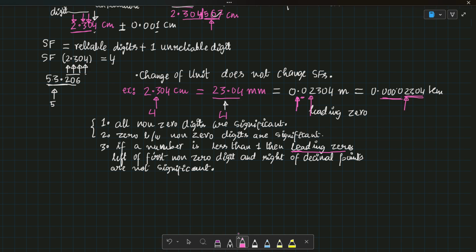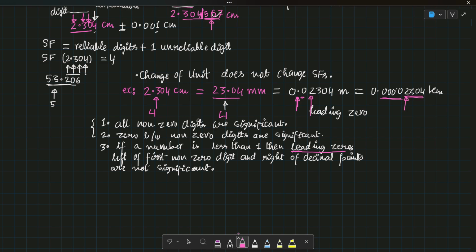In case of leading zeros, when the number is less than 1, the zeros left of the first non-zero digit and right of the decimal point are not significant. Hopefully this is clear.